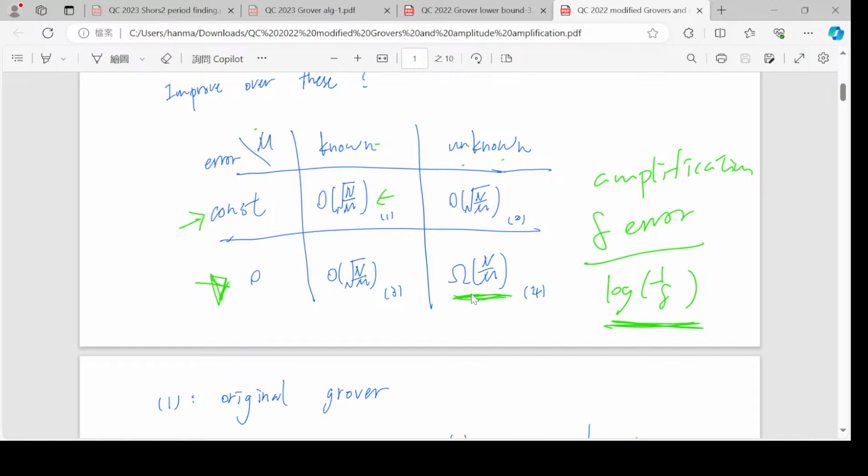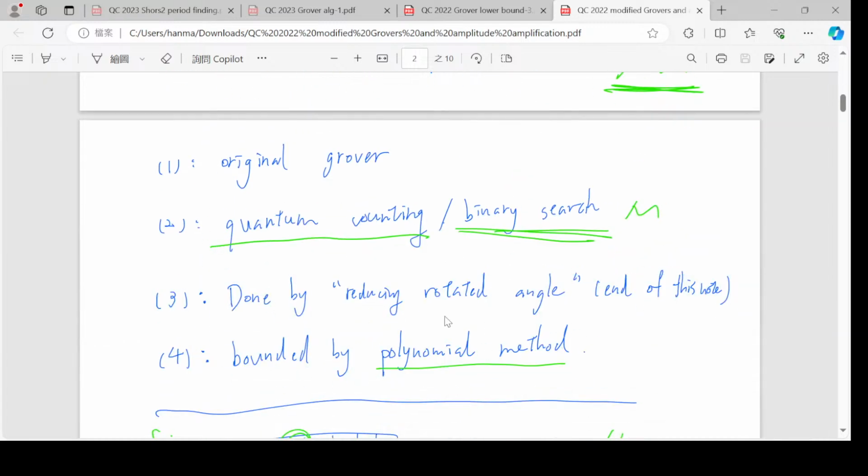You can actually give a lower bound on this case, where you have no error and the number of marked items m is unknown. It's a lower bound by a different method that we'll not talk about here. It's a really interesting method called the polynomial method.